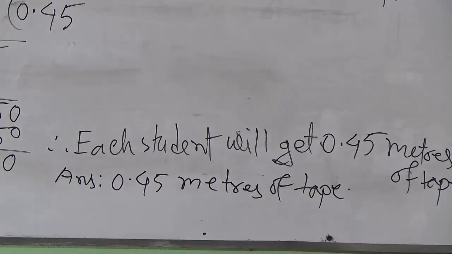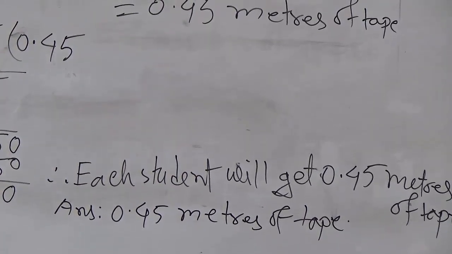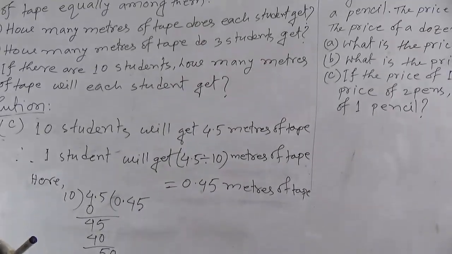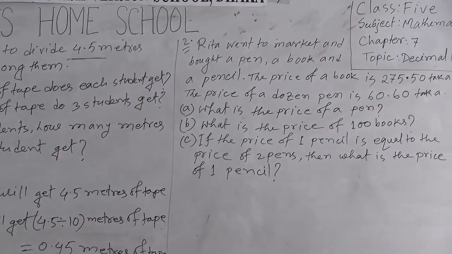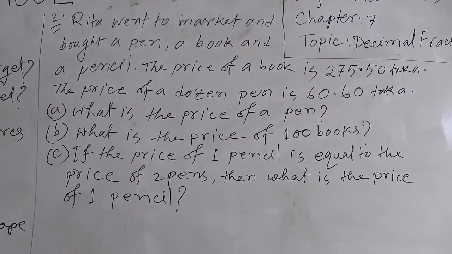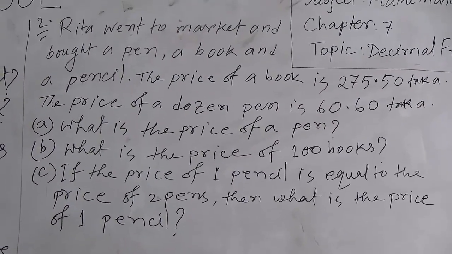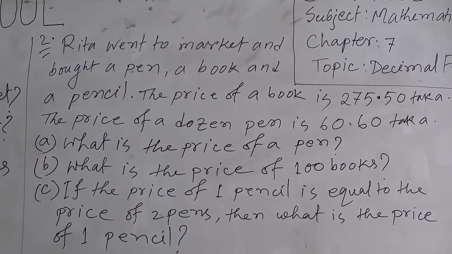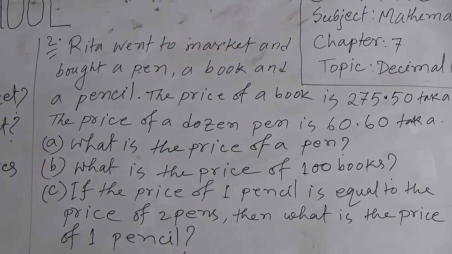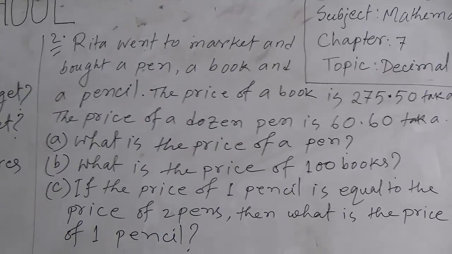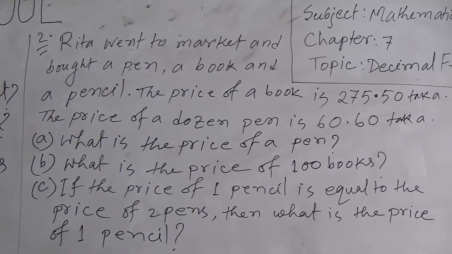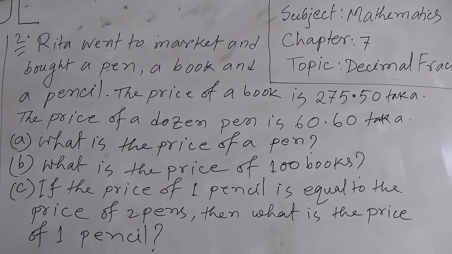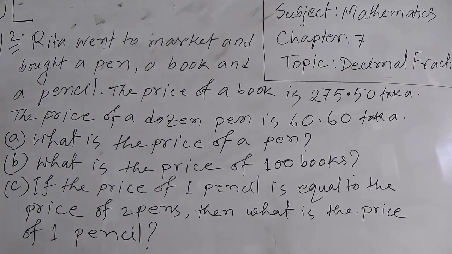Now we will solve question 2. What is question 2? Rita went to market and bought a pen, a book and a pencil. The price of a book is 275.50 taka. The price of a dozen pen is 60.60 taka.